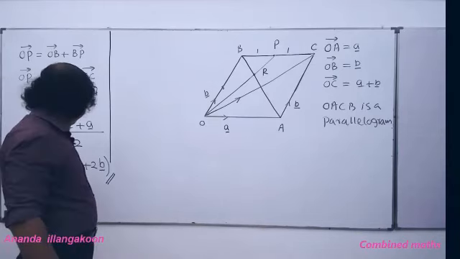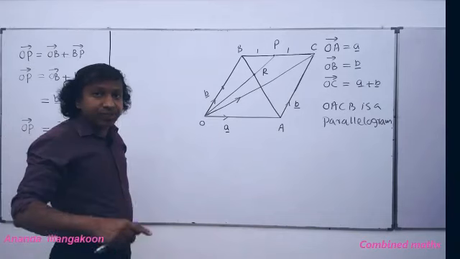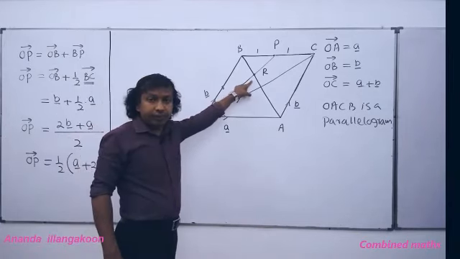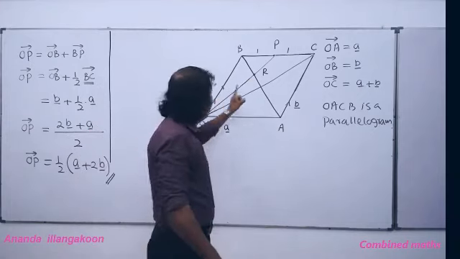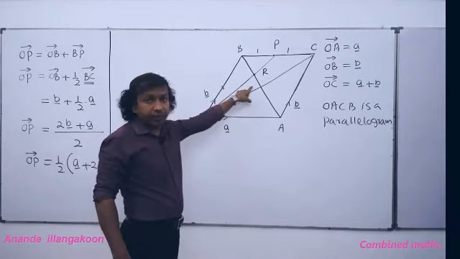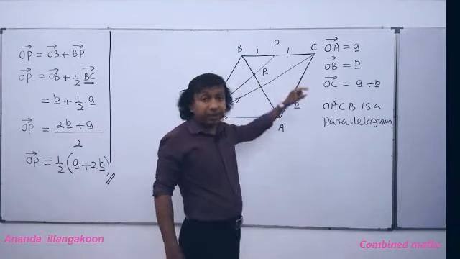You accept this: OR vector we can write as a portion of OP vector. Am I correct? OR vector I can write as a part of OP vector.